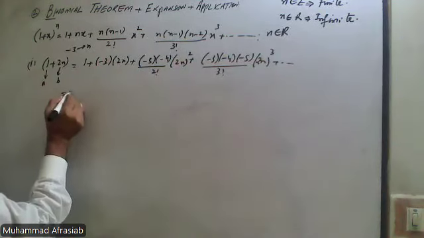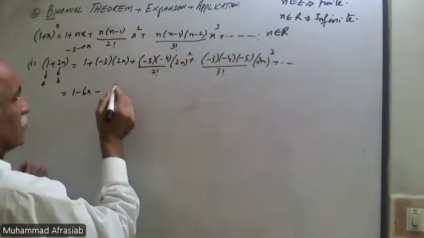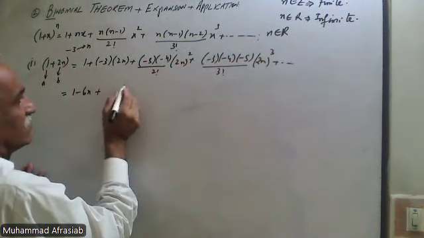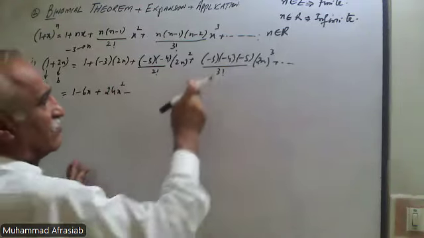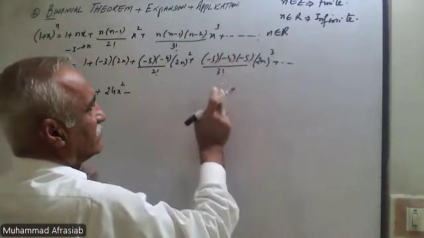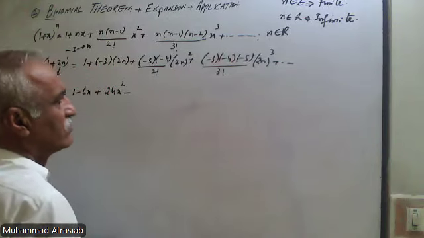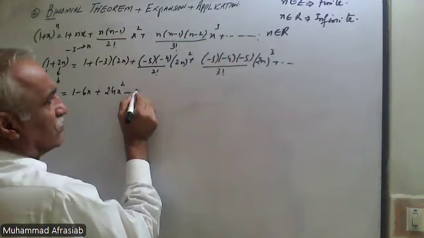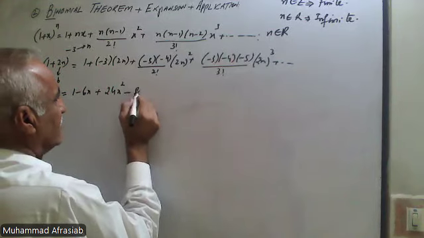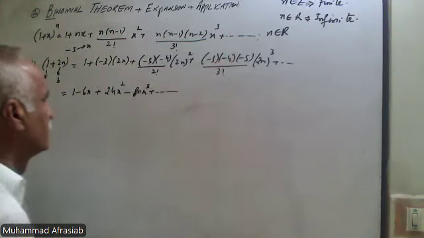So we can write this as 1 - 6x. This is minus minus plus. So 3 fours are 12 over 2, 6, 6 fours are 24x square. This minus plus and this minus again minus. So 10 into 8 is 80x cube and so on.